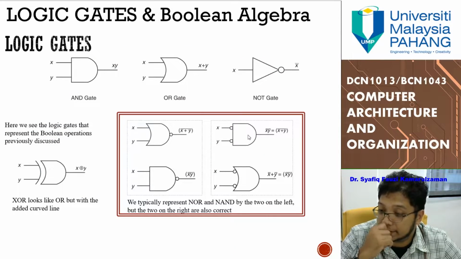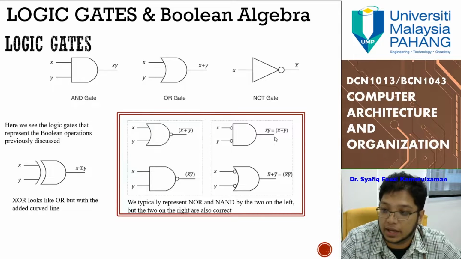The main ones are the AND gate, OR gate, and NOT gate. When you are dealing with calculation, for example constructing a module for calculating addition, this is where XOR becomes useful.